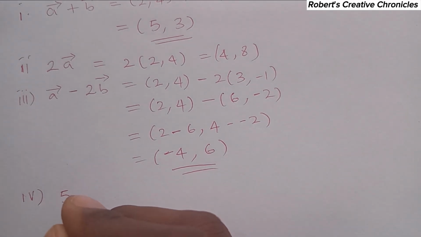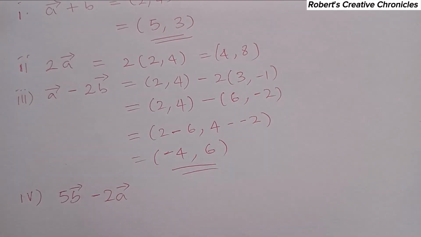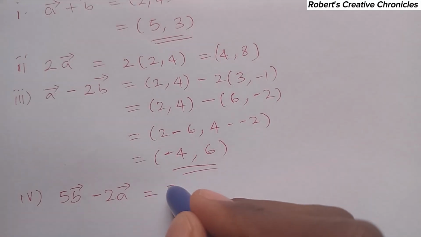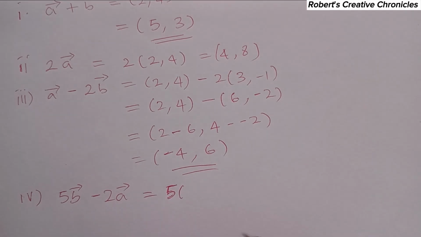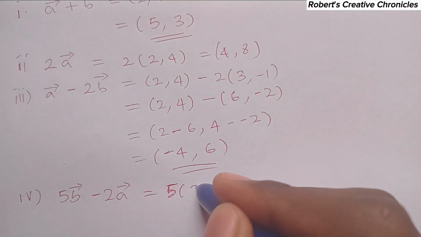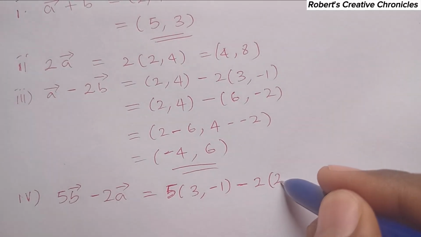First we have to find 5B minus 2A before we find the magnitude. So 5B minus 2A is what? 5 times what is B? B is 3, negative 1, minus 2 times A. A is 2 and 4.